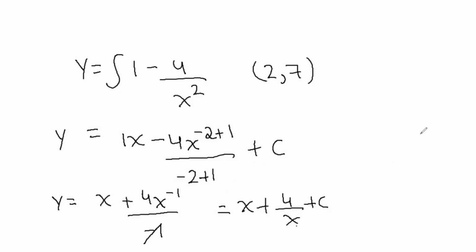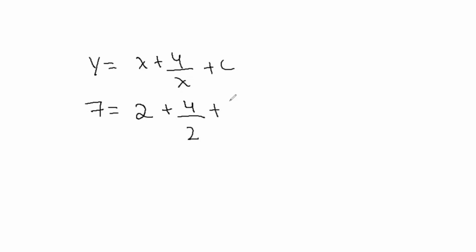Now if it passes through the point 2, 7. So we got y equals x plus 4 by x plus c, right? Now if it passes through the point 2, 7, we substitute y as 7 and x as 2 to find the value of the constant c. So you get 2 plus 4 by 2 plus c.